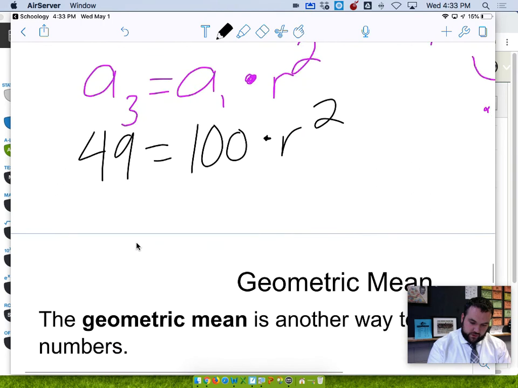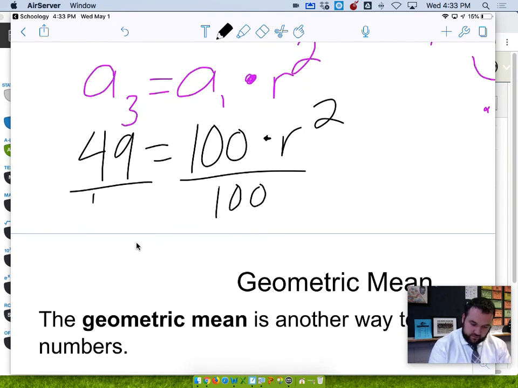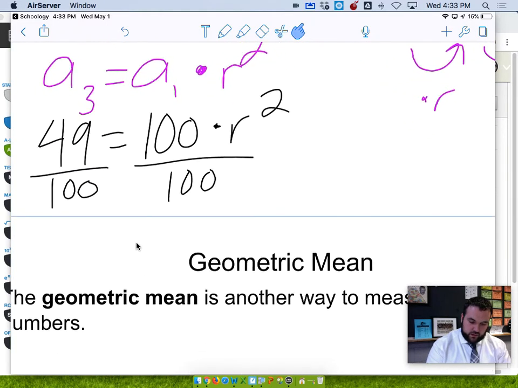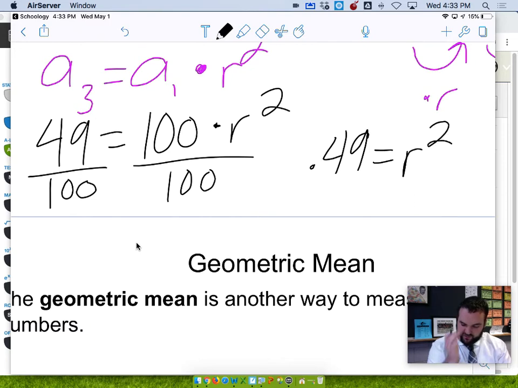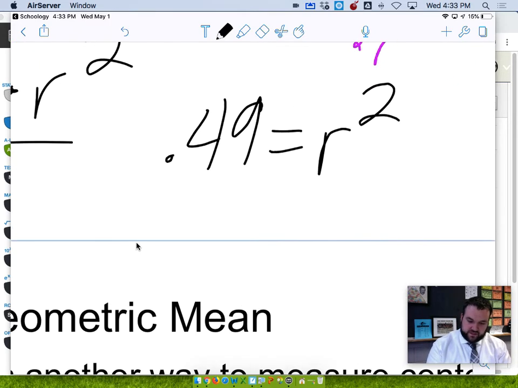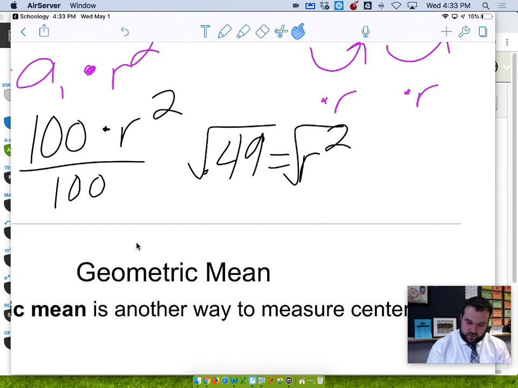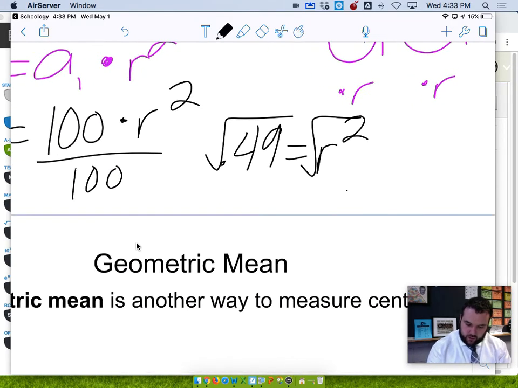So I'm going to divide both sides by 100, and 49 divided by 100 is 0.49. So 0.49 is equal to r squared. Then I square root both sides, and r is equal to 0.7.